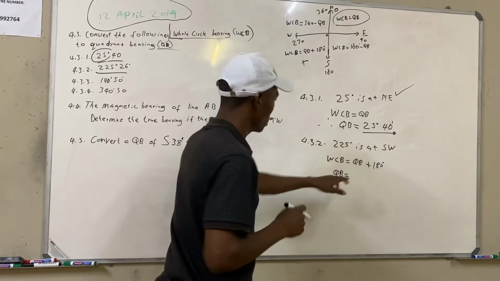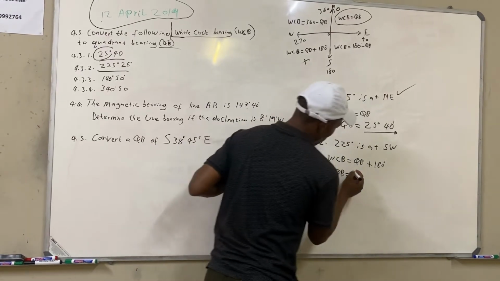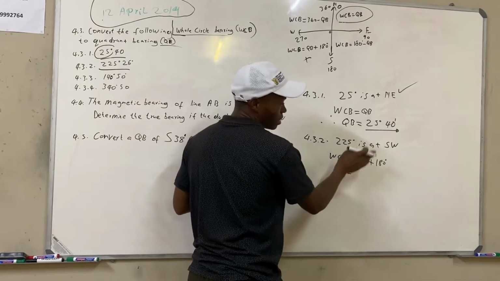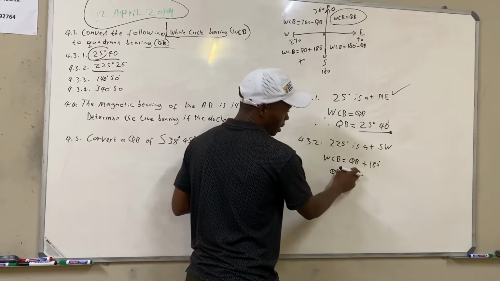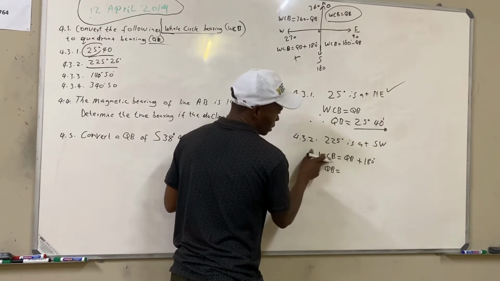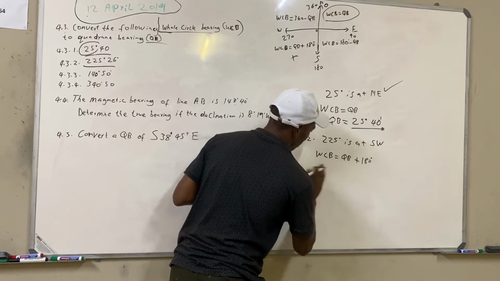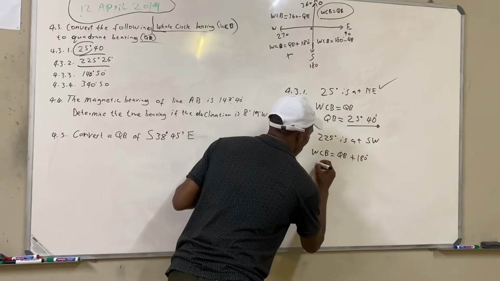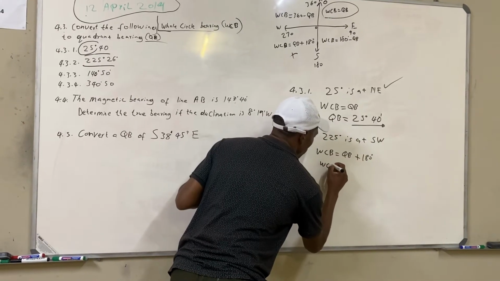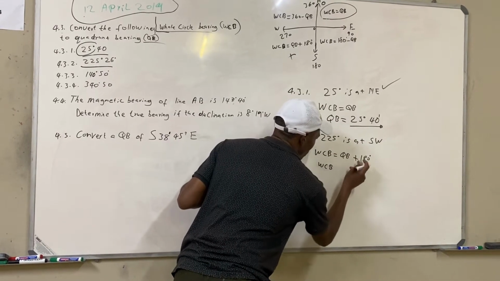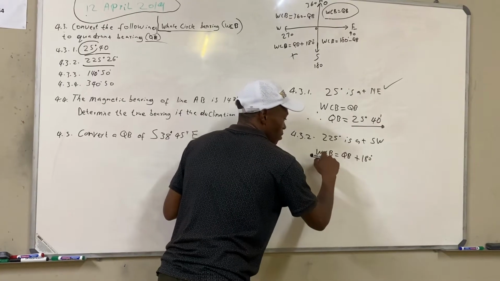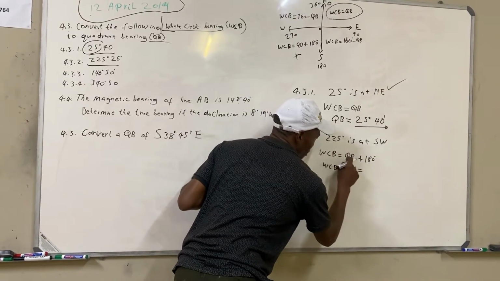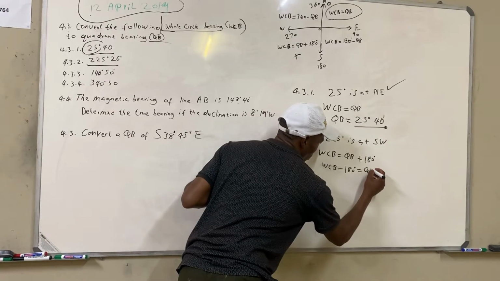It's going to be, we take this one, that side, which remains at the same place. Or I can write it like this: the whole circle bearing, subtract this one, come that side, is going to be subtract 180 degrees, and that side remaining is the quadrant bearing.